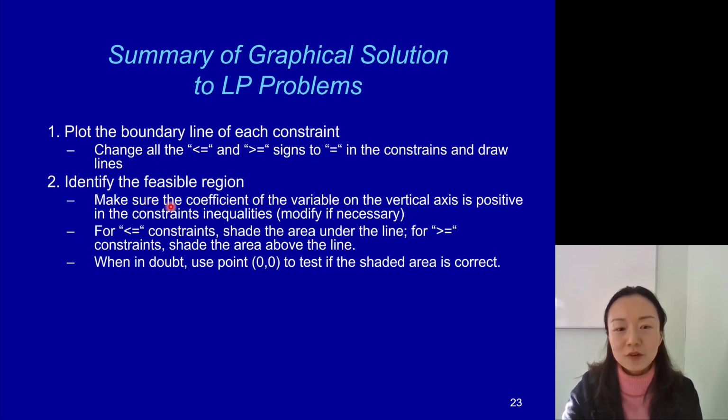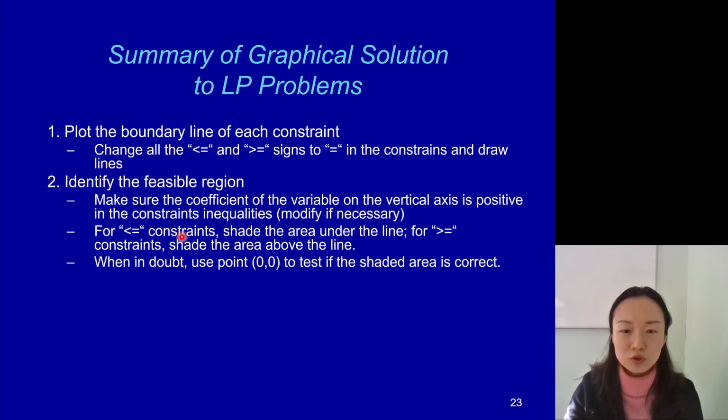Next, we identify the feasible region. The feasible region would be the area either under or above the line that you draw. And as we talked about earlier, the easiest way is to make sure that the variable on the vertical axis is positive in your constraint, and you would modify it if necessary.